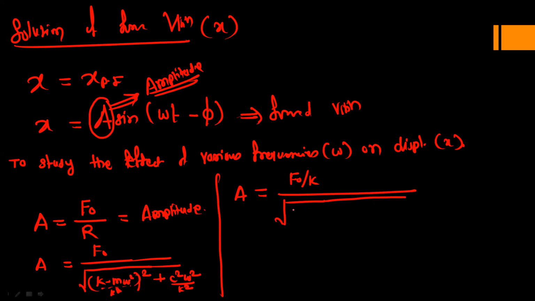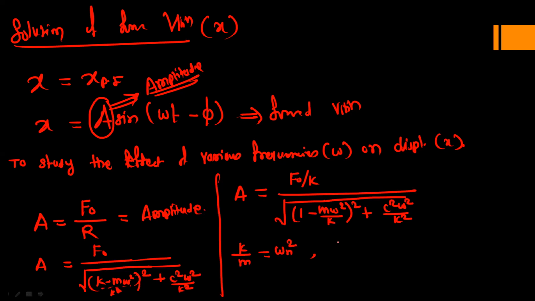Finally, we get 1 minus m omega square upon k, whole square, plus c square omega square upon k square. Now this k upon m, we know, is the natural frequency for the spring mass system, so this is nothing but omega n square.